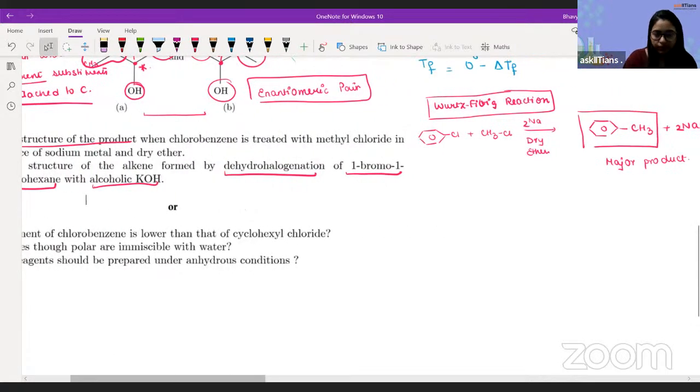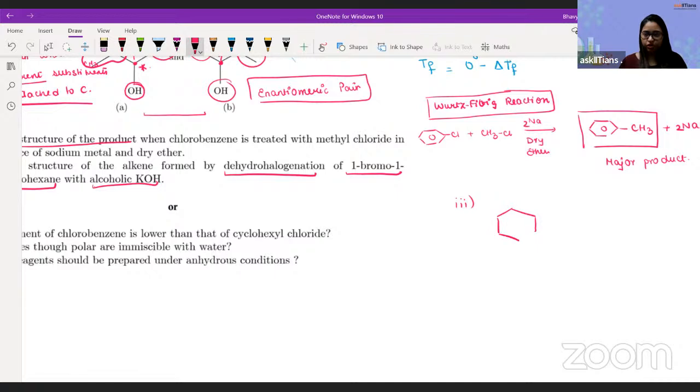Now, the most important part is that in this part you have to draw the structure. So this is cyclohexane, with 1-bromo and 1-methyl. When I treat it with alcoholic KOH, basically there has to be a loss of HBr.